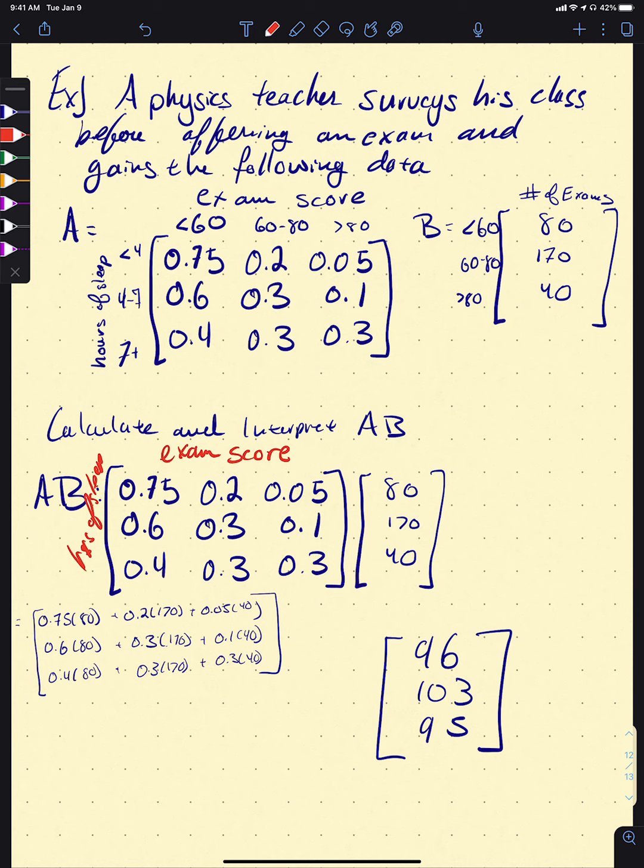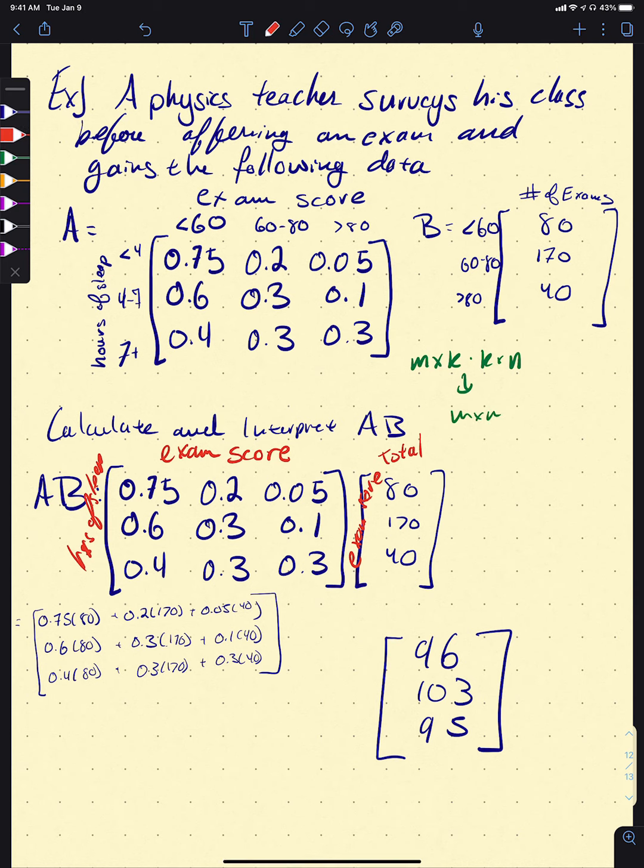And then over here we have a column of totals and then rows of exam score. But if you notice, one of the interesting things about this matrix multiplication is if you have an m by k times a k by n, the output is an m by n.